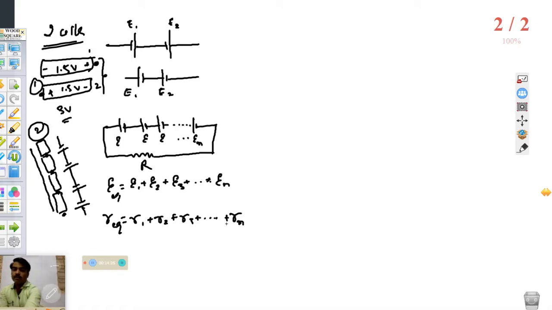Okay, so there, internal resistance and EMF, equivalent EMF we can see. And here, if all the cells are of equal magnitude, then we can write E equivalent is equal to n times E, and if all the cells have equal internal resistance, then R equivalent is equal to n times R we can write.